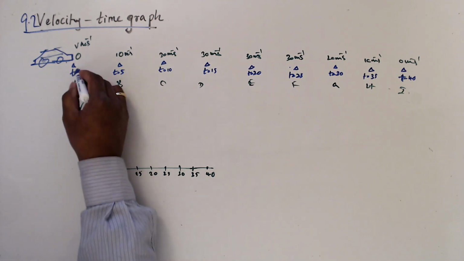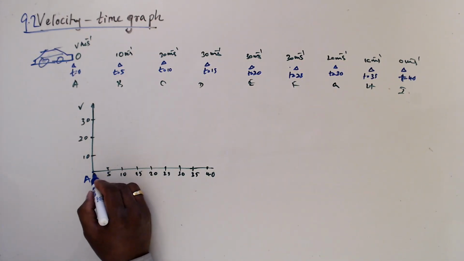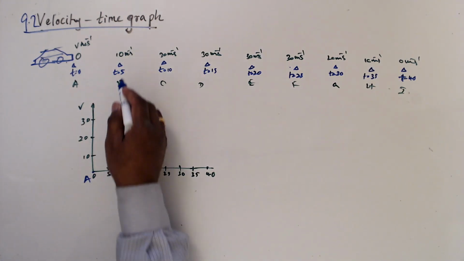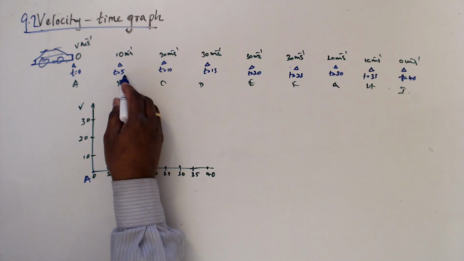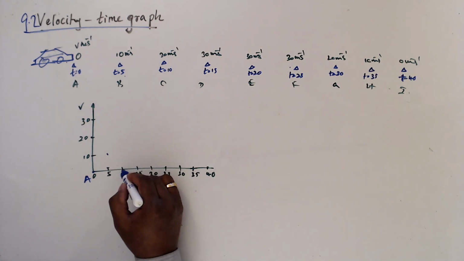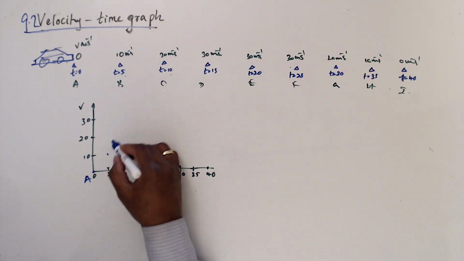So at point A, it is 0 at time 0, and after 5 seconds, we read that it is 10. Then after another 5 seconds, we read it is 20.